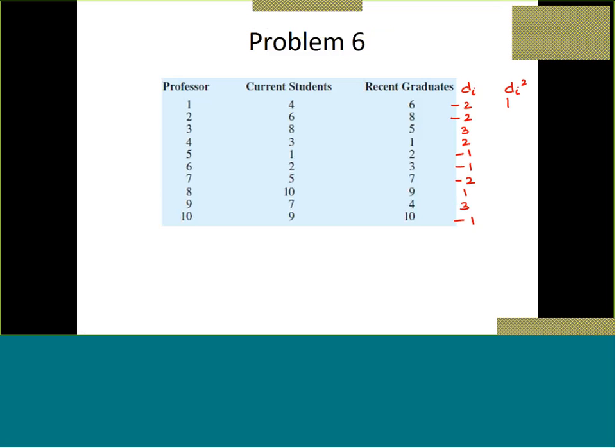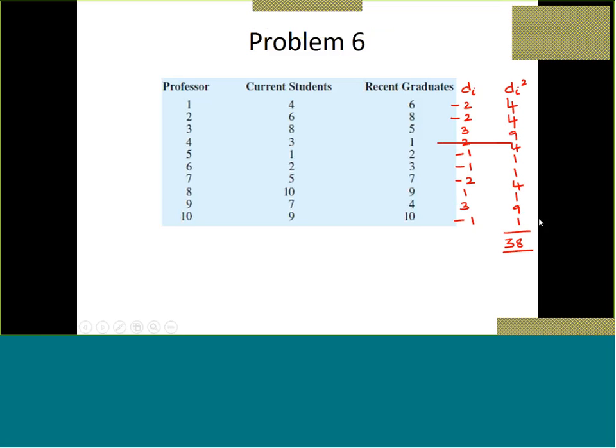Square it: 4, 4, 9, 4, 1, 1, 4, 1, 9 and 1. So add it: 8, 17, 21, 22, 23, 27, 28, 37 plus 1, 38.